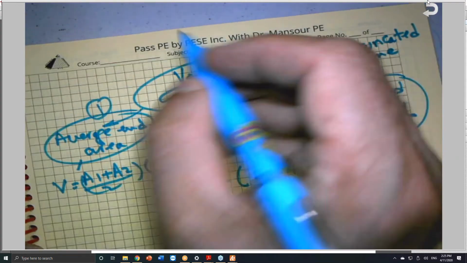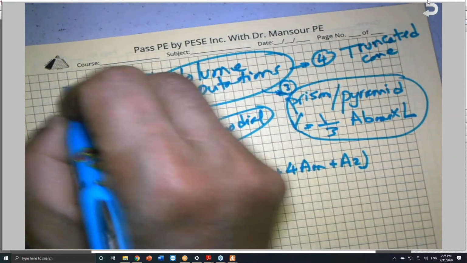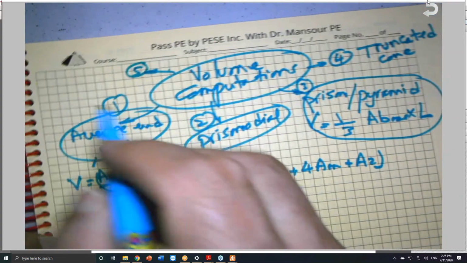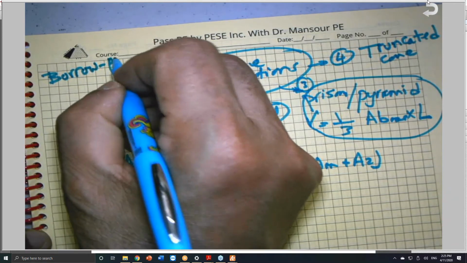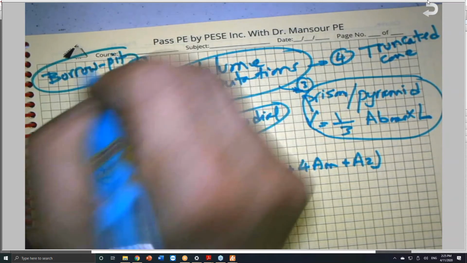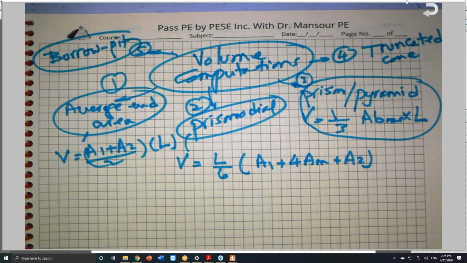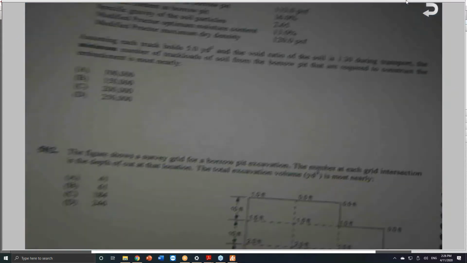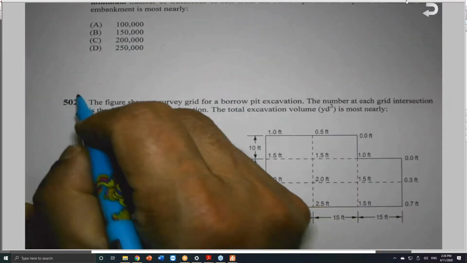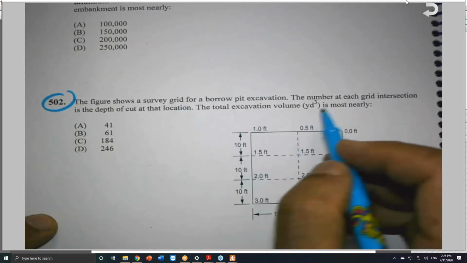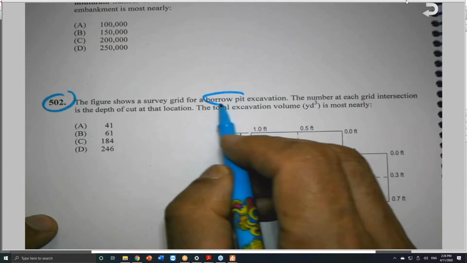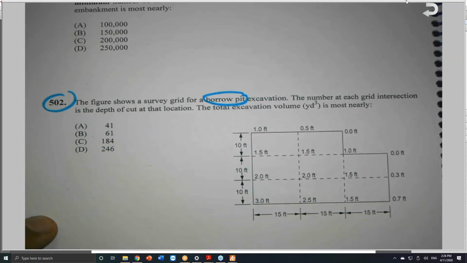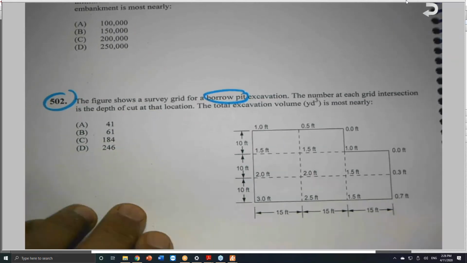And there is a number 5, which is the borrow pit volume. Borrow pit method, like the problem in the NCEES, the second problem, 502, is asking about borrow pit excavation.